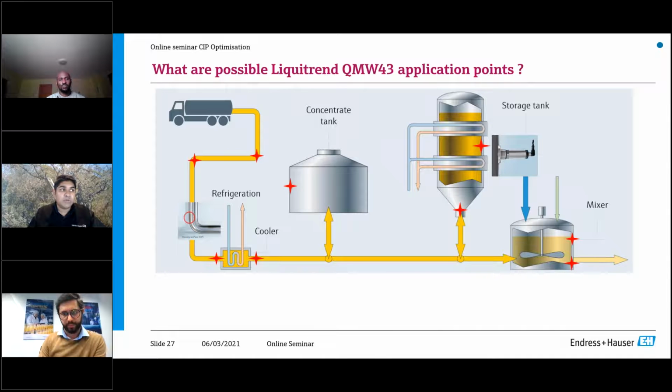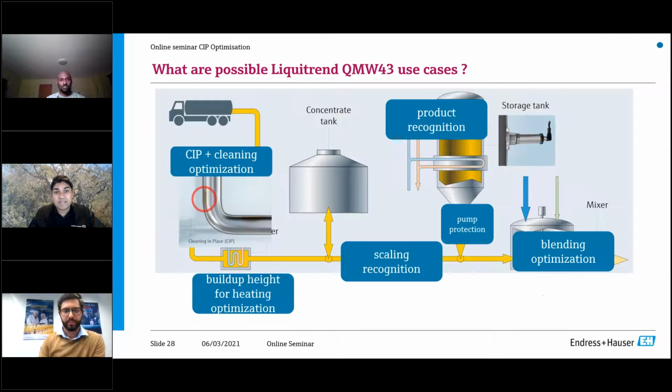The use cases where we've done it before are in CIP and cleaning optimization, to measure the build-up height for heating optimization, scaling recognition, product recognition, as well as blending optimization. And you might say, oh, product recognition, how do we do that? Well, as my colleagues mentioned before, we don't only measure build-up height, we also measure conductivity.